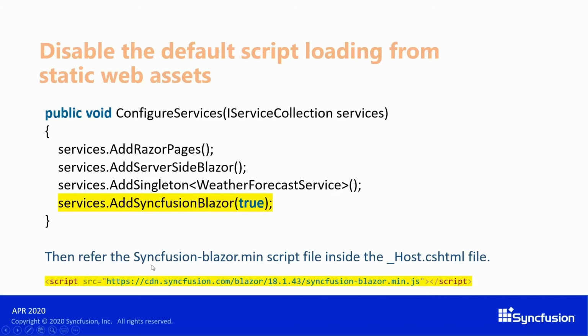And then you should also refer to the syncfusion.blazor.min script file additionally in the host.cshtml file. So this is needed only when you want to load the script from CDN or your own scripts in your application instead of referring from the static web assets.